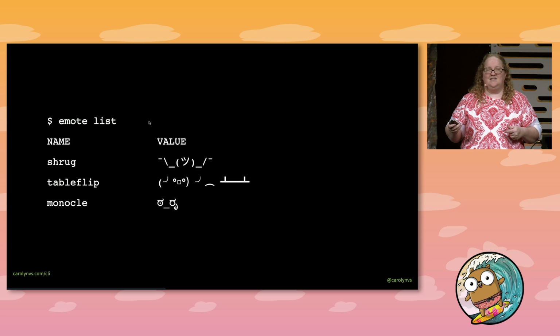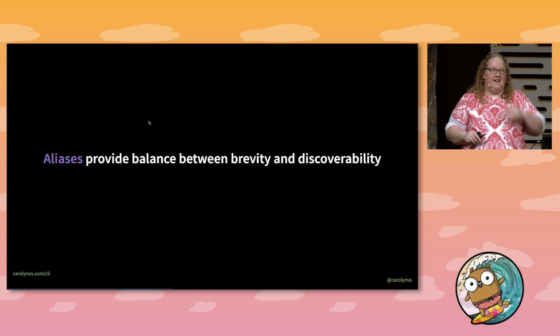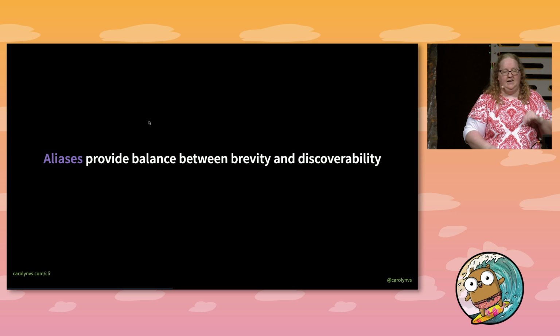Like emote list kind of looks like emoticons, list emoticons. So I can get away with something much shorter. And this is an alias that I like to provide to my users. And you can actually come up with a whole bunch of aliases this way. And what they're usually related to is the domain that I'm working with. Emoticons is the domain, and I may end up with like 6 or 7 aliases in this case where I've made life easier for people.